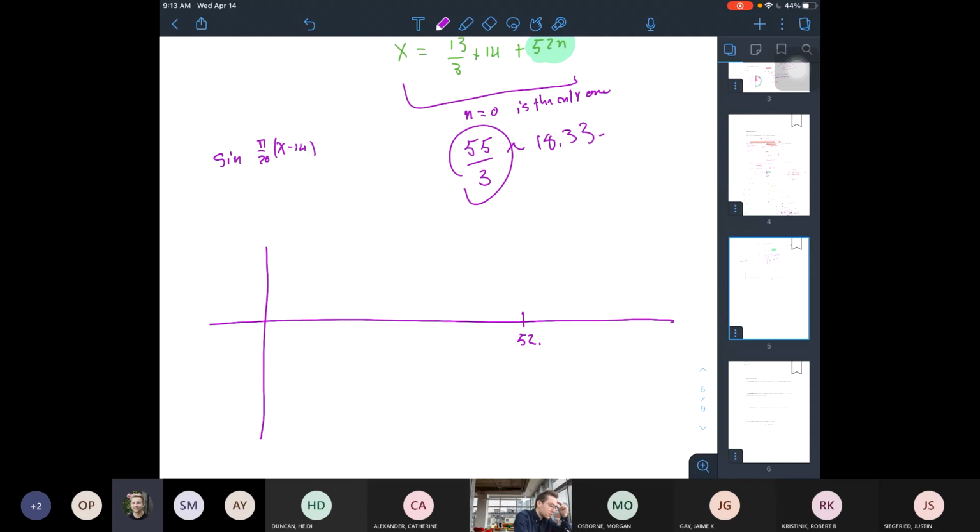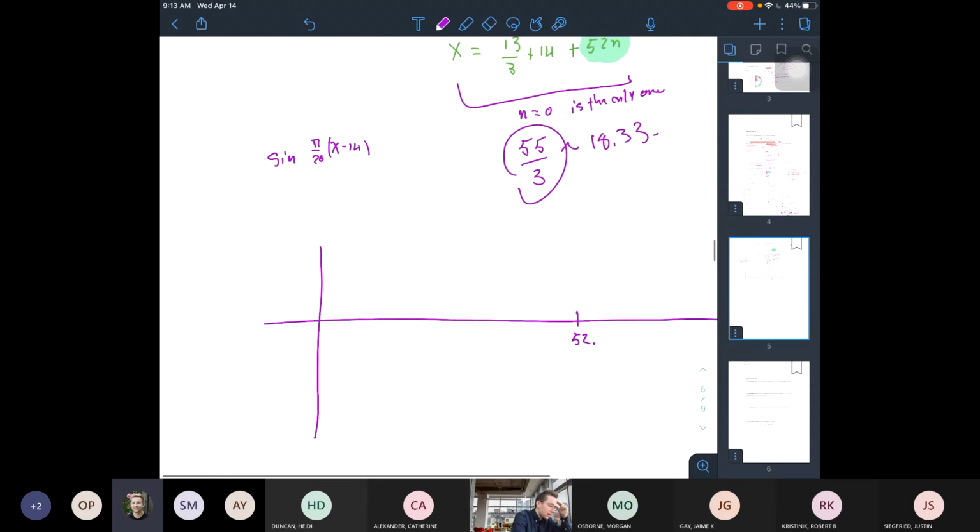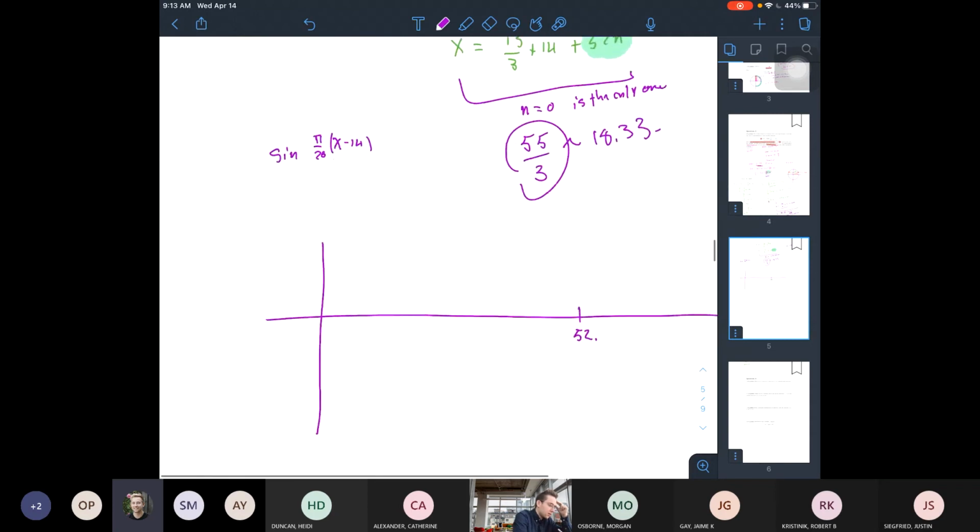Well, the sine function starts by basically going up and then coming down and then going back into here. This is how the sine function usually looks, except we've got this horizontal shift to the right. So we're going to take this whole thing and move it to the right 14 units. So this is our new starting point at 14, and probably sine comes down like this a little bit.